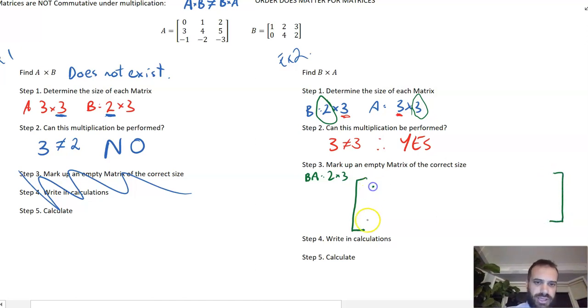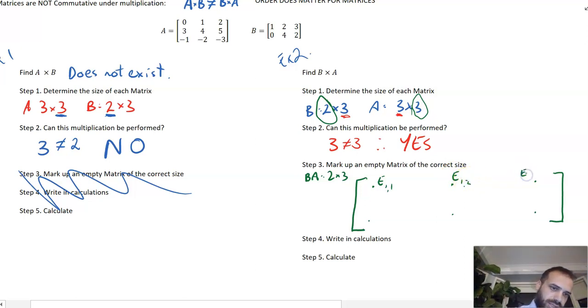So it's going to have an element here, an element here, an element here, an element here, an element here, and an element here. What I'm going to do is label all of these elements with their positions. That might seem a bit wild, but you'll see why in a minute. This element is row 1, column 1. This element is row 1, column 2.